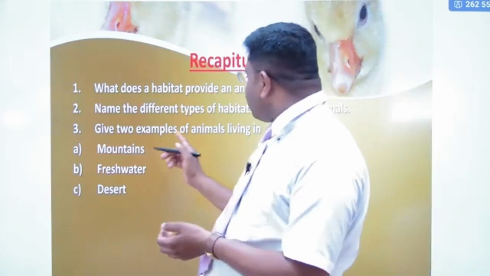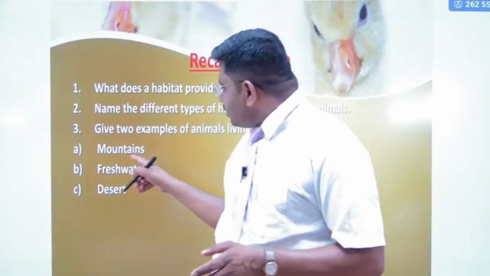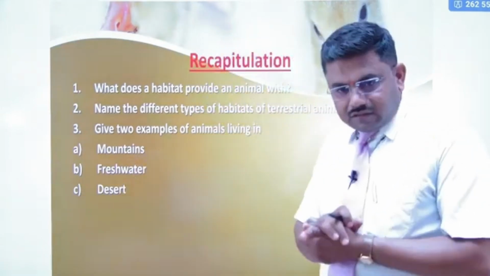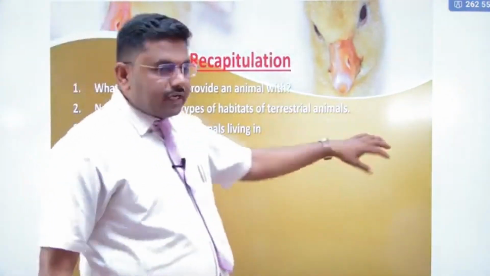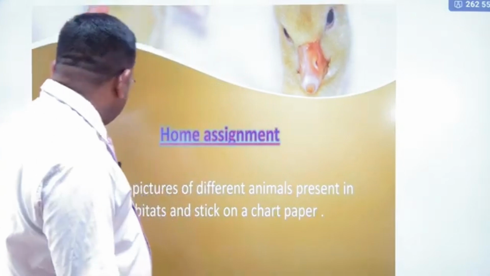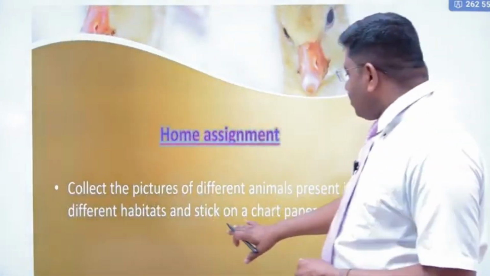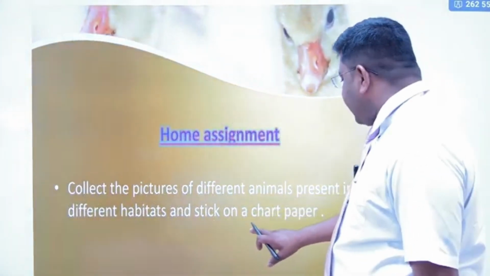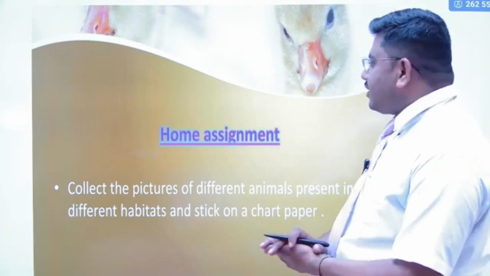Give examples of terrestrial animals, and of animals living in mountains, freshwater and desert, which we have studied one by one. You have to write all these questions in your notebook. Now the home assignment: collect pictures of different animals present in different habitats and stick them on a chart paper. That is the assignment.